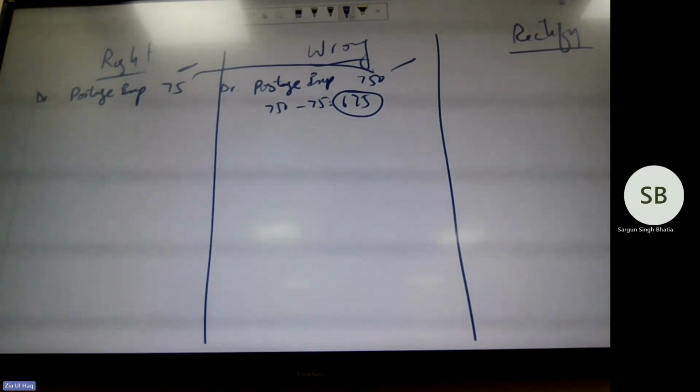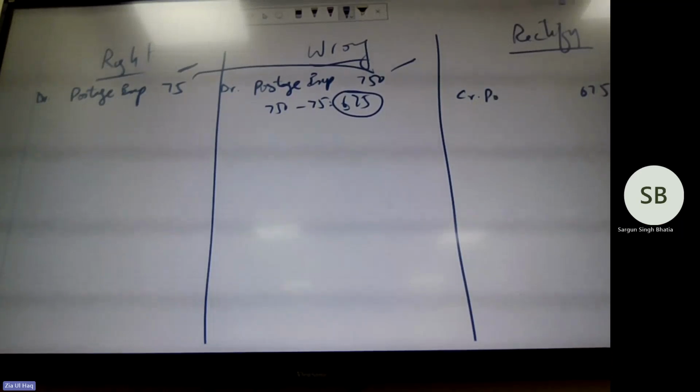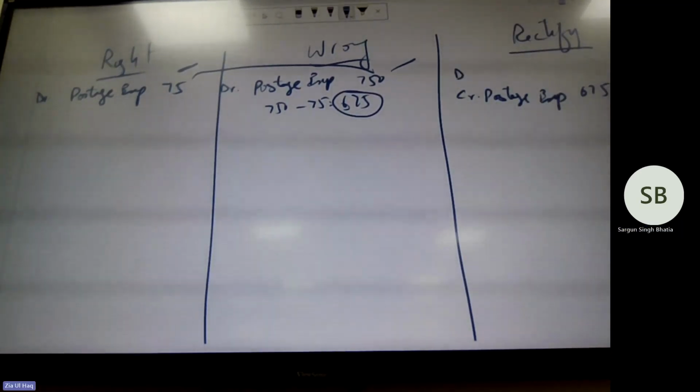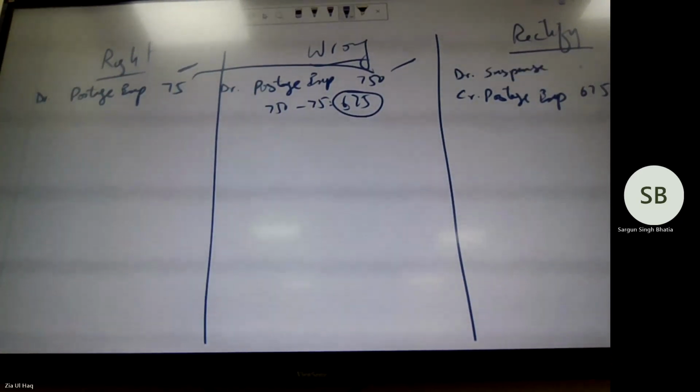If you have recorded 675 more on debit, you can correct by crediting 675 to postage expense. What should be on the debit side then? Suspense account, if there is no account mentioned.